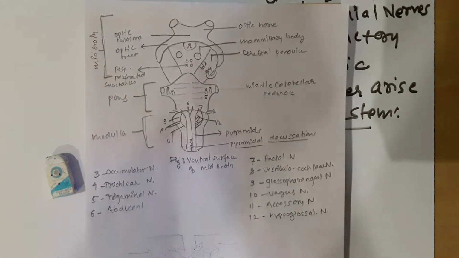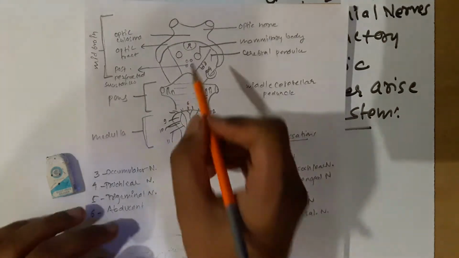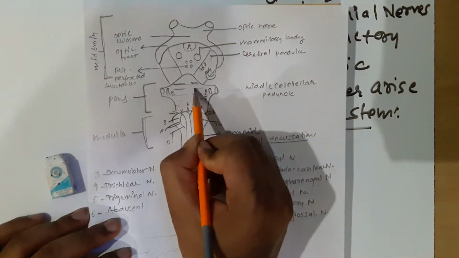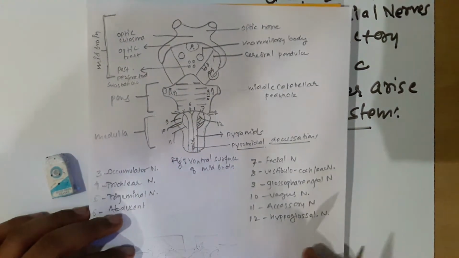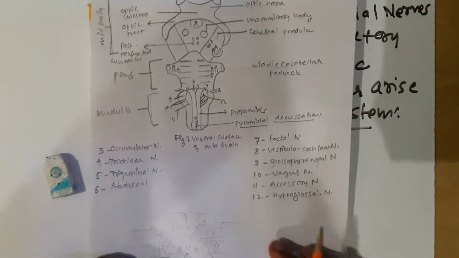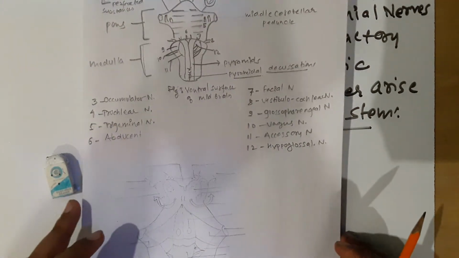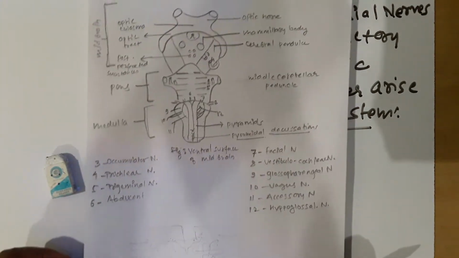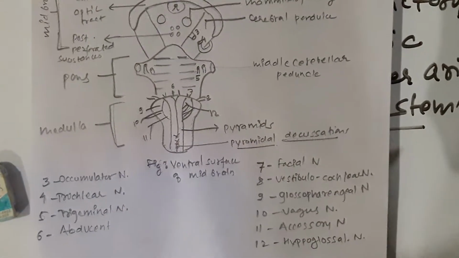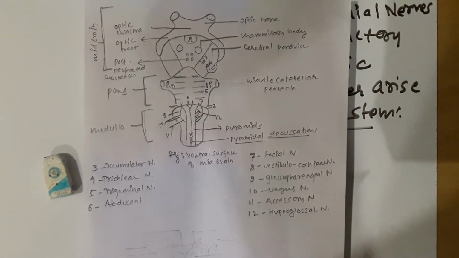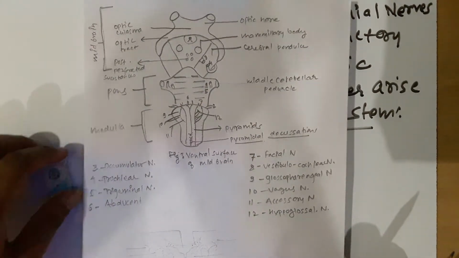This is the ventral surface, and these are the transverse striations of the pons. We'll discuss what causes the transverse striation of the pons. Have a look nicely, and please try to remember it. It will help you remember the sequence.